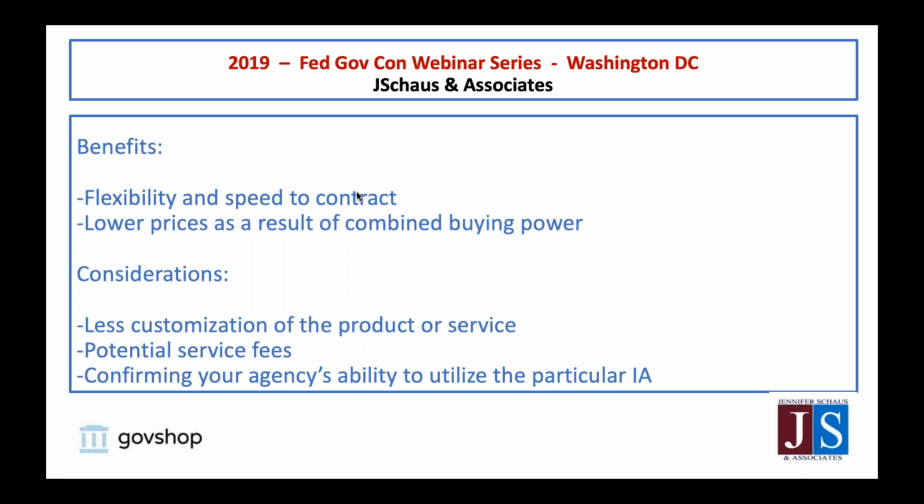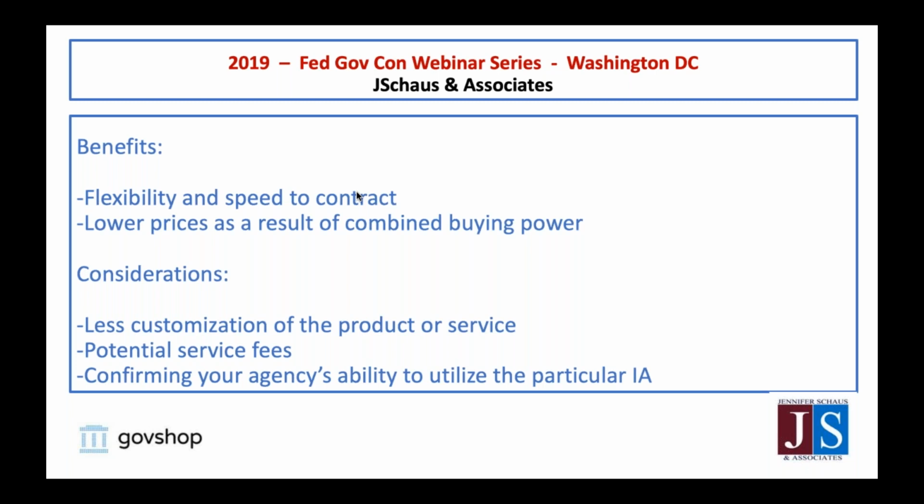There's a lot of talk on the buyer side that that fee just gets passed along to the buyer, but ultimately, it's not that much money, and it does go to pay for a lot of upfront work and a lot of the flexibility that you're getting from using the interagency agreement to begin with. So if that service fee stresses you out, just think about how much more you might pay to win a master contract, given that it probably would go through that RFP process.